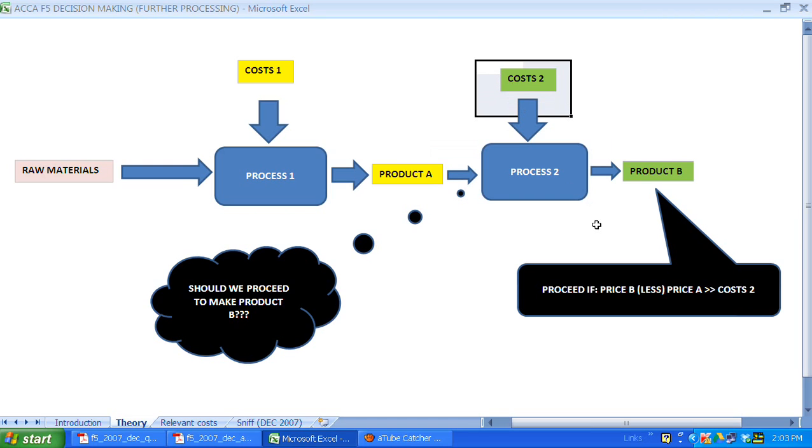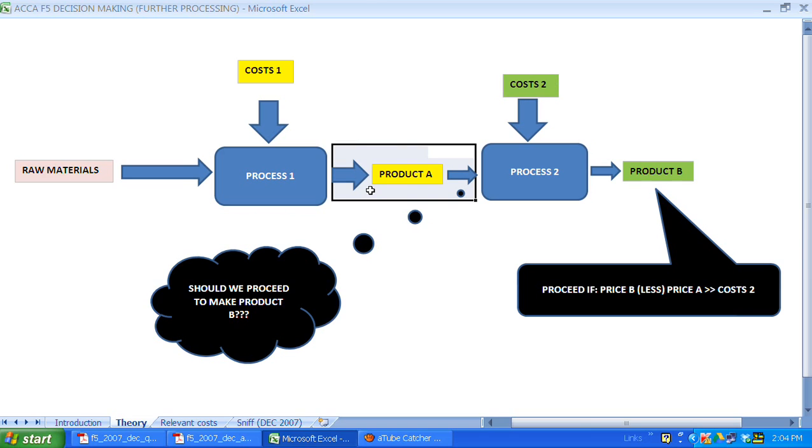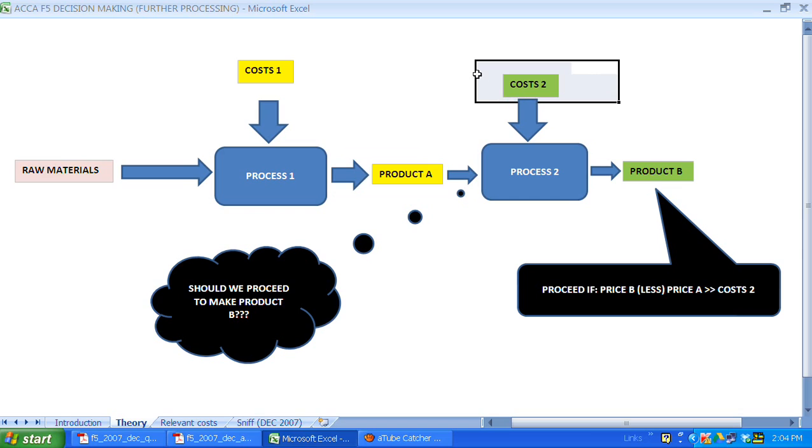Now the criteria to use is that we should only proceed if the incremental revenue from making B exceeds the additional costs. Mathematically, we should proceed if the price of product B less the price of product A, which is the additional or incremental revenue, exceeds the cost.